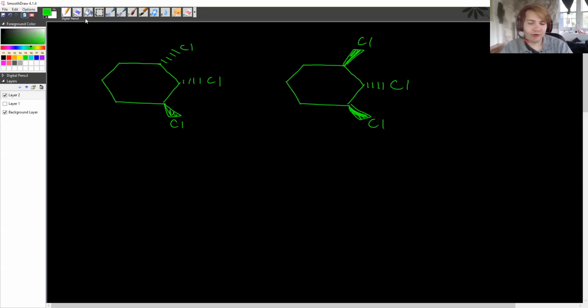Well, first steps first, we have to determine, is it a constitutional isomer? And what we can see is that no, they are not constitutional isomers because, again, 6-carbon ring, 6-carbon ring, carbons 1, 2, and 3 all have the same number of chlorines on them. Then we check to see, are they non-superimposable?